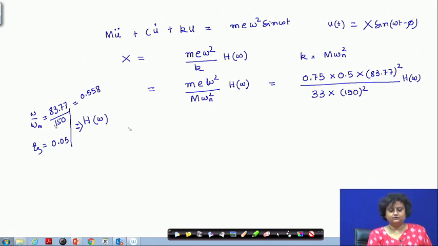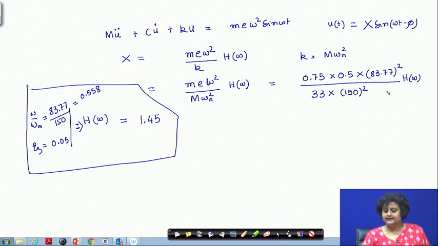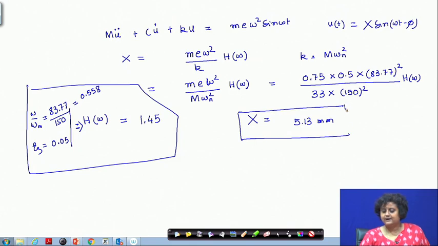So, if we use these two values, H(omega) is going to come as 1.45. You can see it for yourself. So, H(omega) is 1.45. Therefore, I can plug in this value of H(omega) here, and that is going to give me X as 5.13 millimeter. Therefore, the tail rotor will vibrate in the vertical direction with an amplitude of 5.13 millimeter.